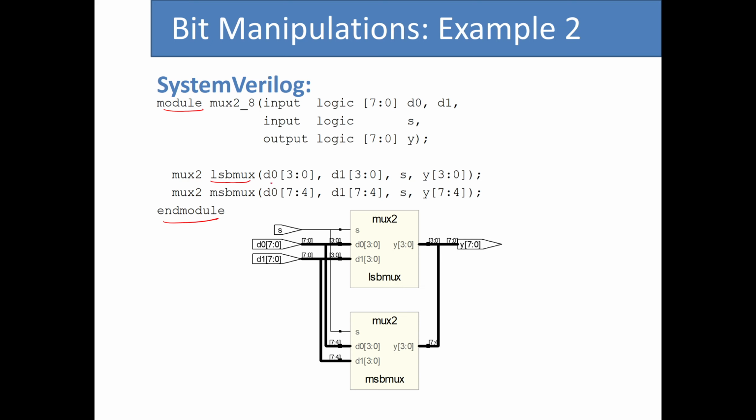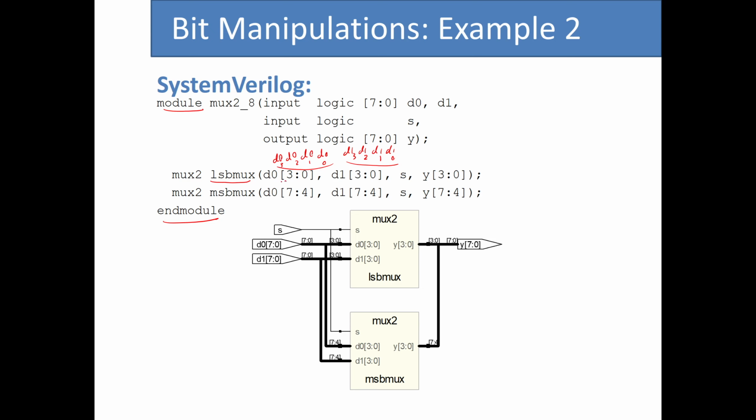And for the input, I just give the lowest bits of the number. So this is basically D0[3], D0[2], D0[1], and D0[0], and this one is D1[3], D1[2], D1[1], and D1[0].